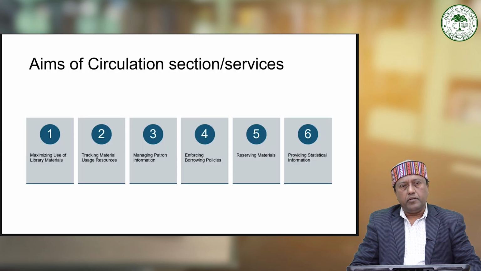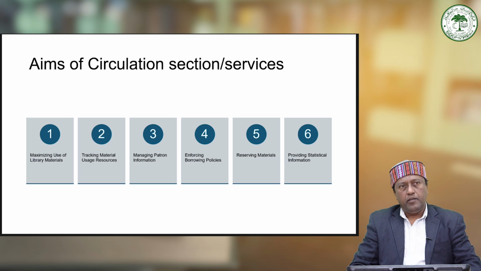Then coming to the aims of the circulation section. I have broadly categorized these 6 major aims of the circulation section. So one by one we will take them up. First is maximizing the use of library material.